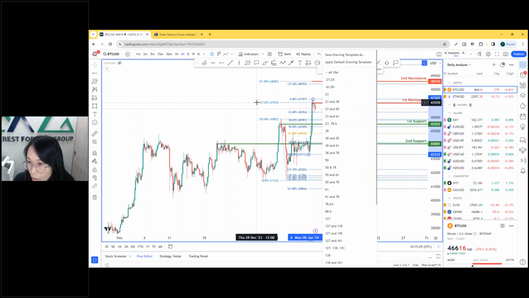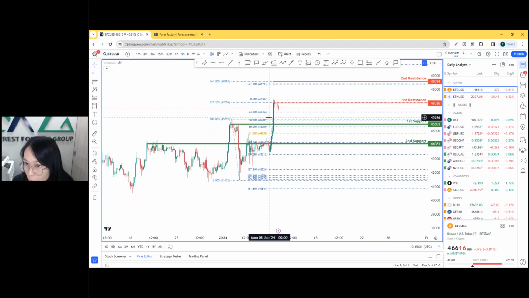Okay, and there is also support for the 38.2 aligning with the first support level, and 78.6 aligning with the second support.